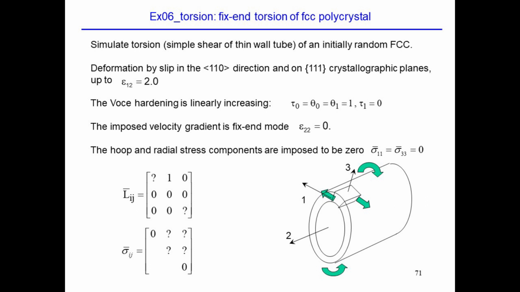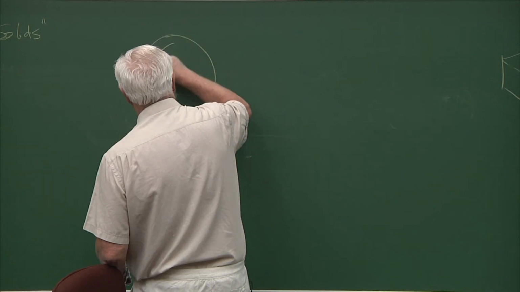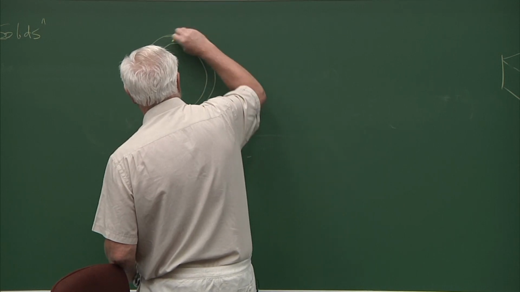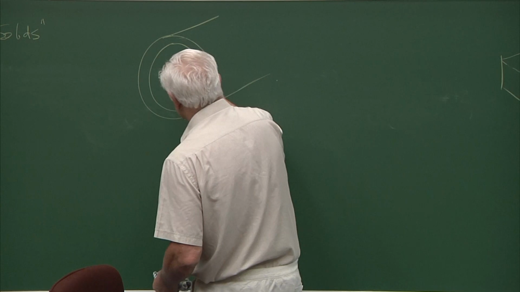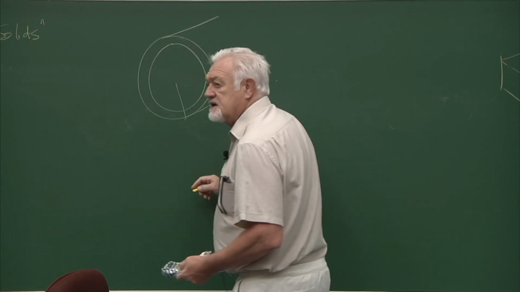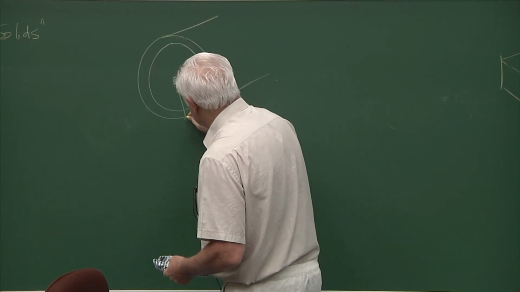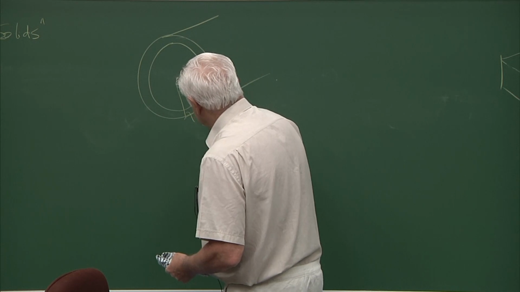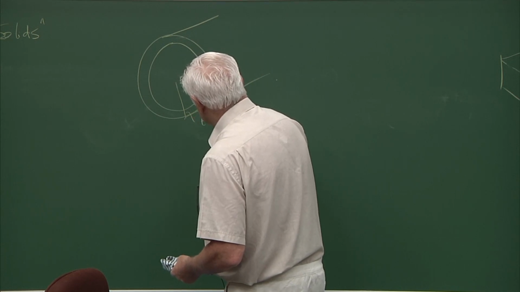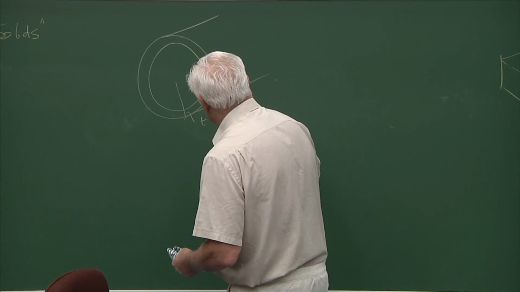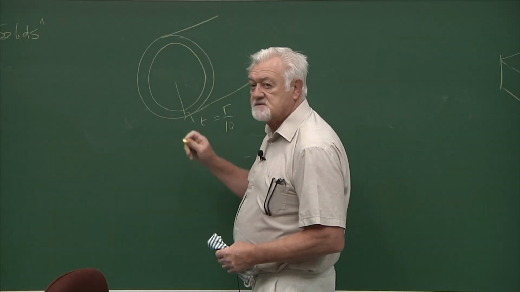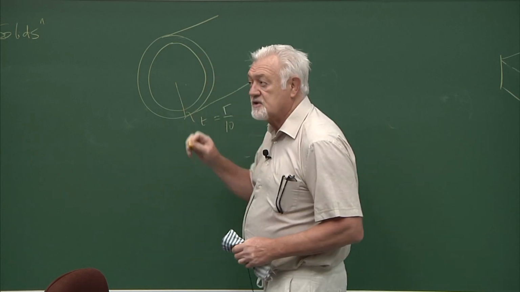And torsion really, in this case, is torsion of a thin wall tube. Thin wall typically means that the thickness of the tube, the thickness T, is about the radius divided by 10, something in that order.